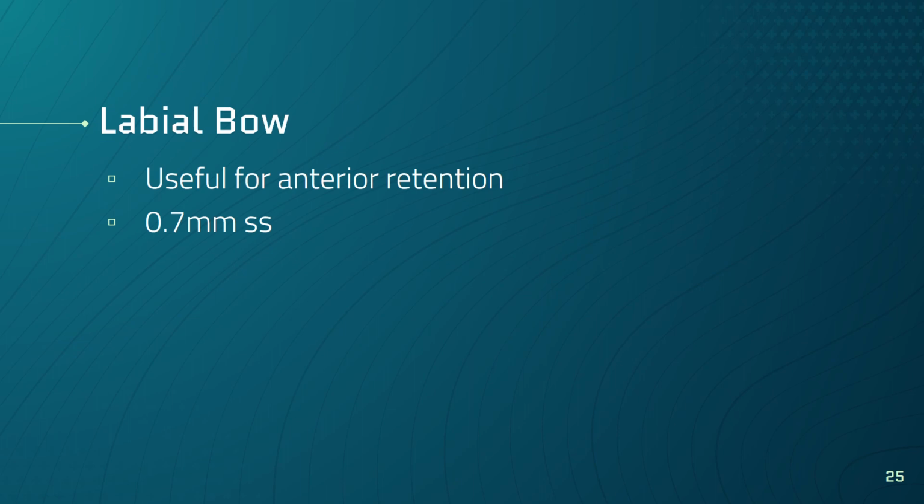Okay, let's look at the next group. A labial bow can also be useful for anterior retention, though it's commonly used more as an active component. It's also made from 0.7 millimeter stainless steel wire.